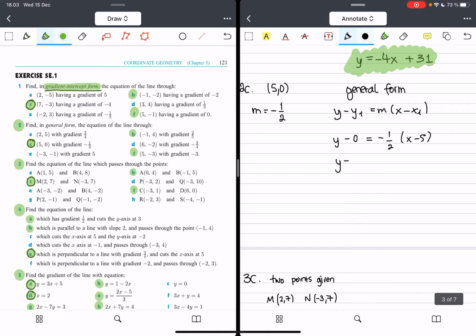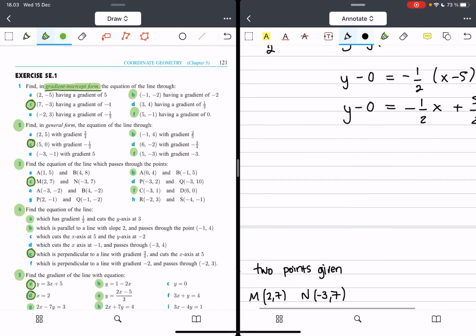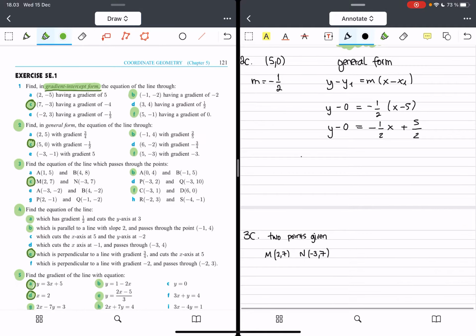You expand. Negative 1/2 times negative 5 is plus 5/2. And then if you're asked for the general form, you have to pull the y's and the x's on the left-hand side.